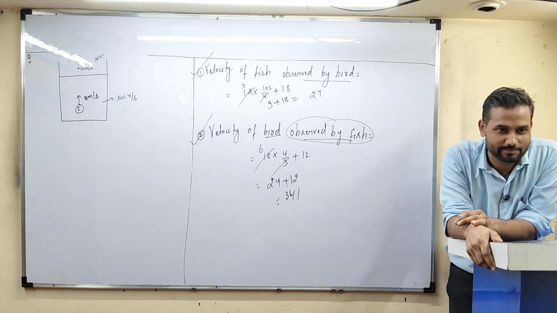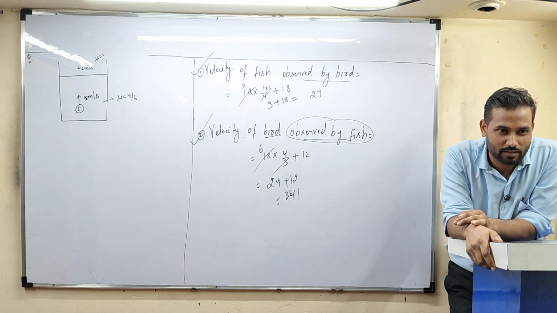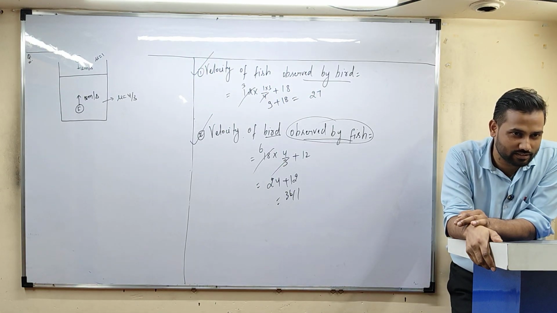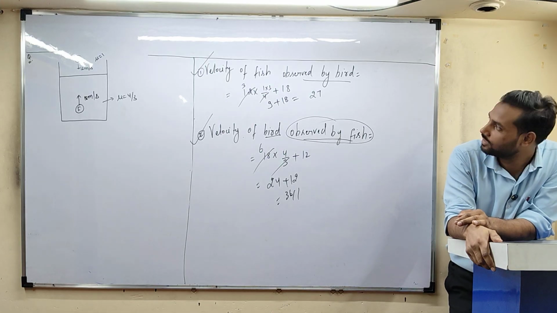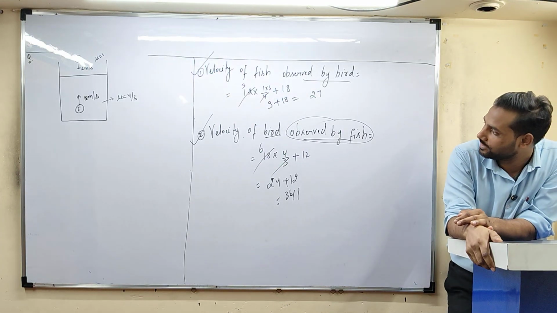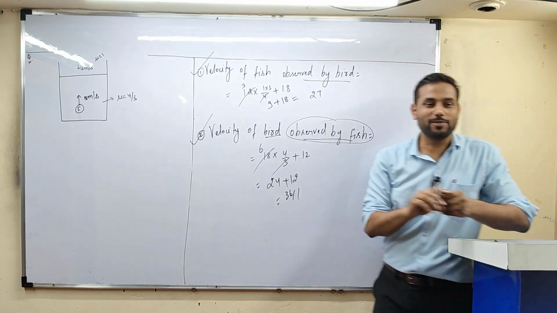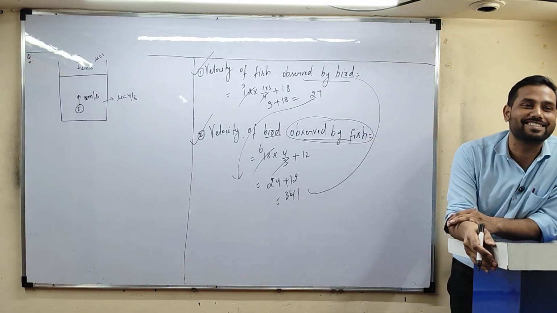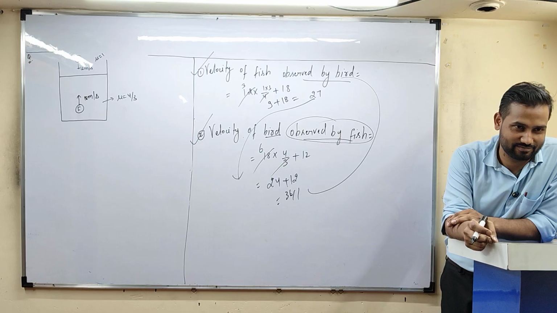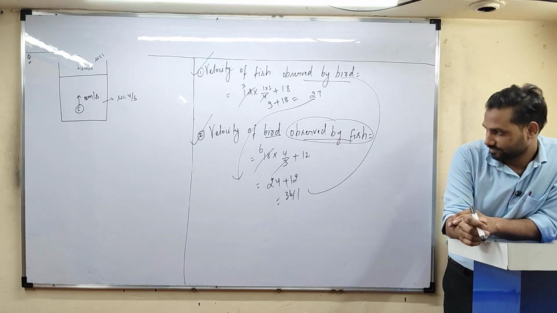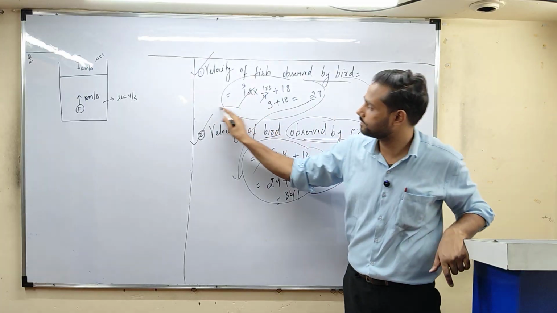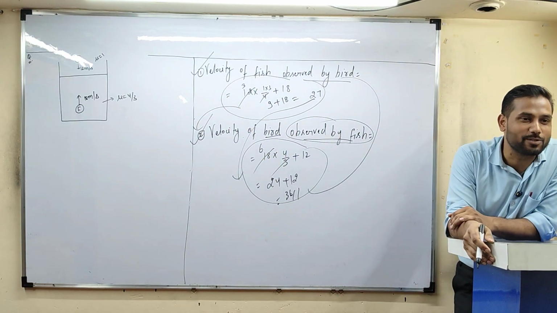First one? 18. 18 by? Okay, just opposite, no? No problem. Just reverse that. For the first question, this solution will be there, for the second, this one. Opposite.